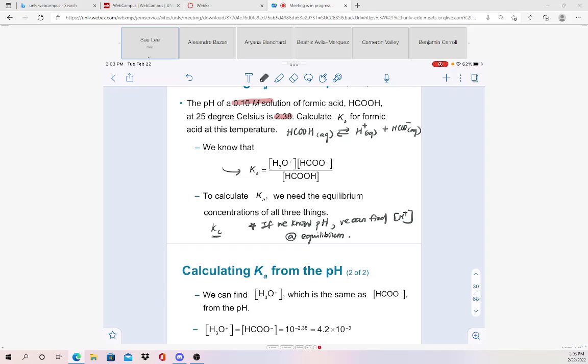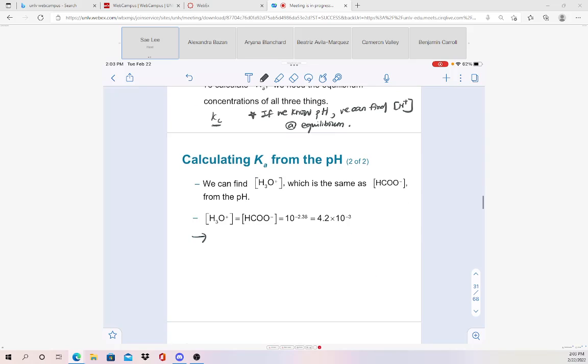The pH value is given as 2.38. pH is basically negative log of concentration of proton. We did a similar exercise previously.